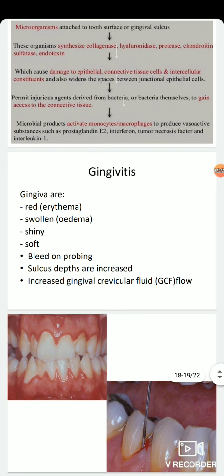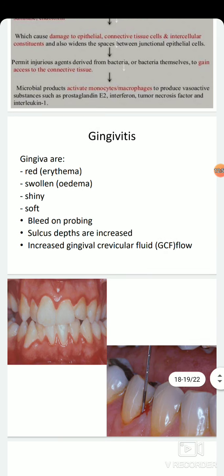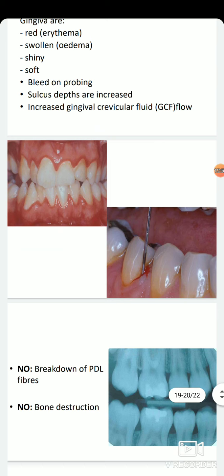The features of gingivitis involve redness of the gingiva, that is erythematous and swollen, edema, shiny, soft, bleeds on probing, increased sulcus depth, and increased crevicular fluid flow, which is commonly seen in gingivitis. In the next picture, you can appreciate marginal gingivitis all around the teeth, that is generalized marginal gingivitis. The second picture shows bleeding on probing.